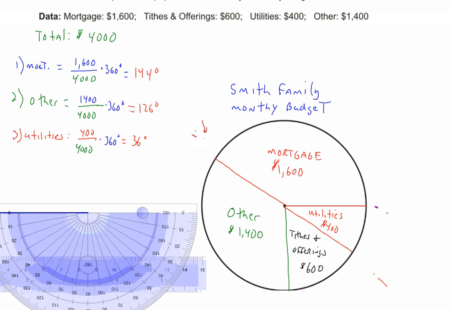And now you can see the pieces of this person's budget that goes to the mortgage, that goes to utilities, that goes to tithes and offerings, that goes to other. Other could be car payments and grocery bill and your kids' tuition and etc., right? Any questions on that? So again, tonight you're going to need your compass and your protractor.